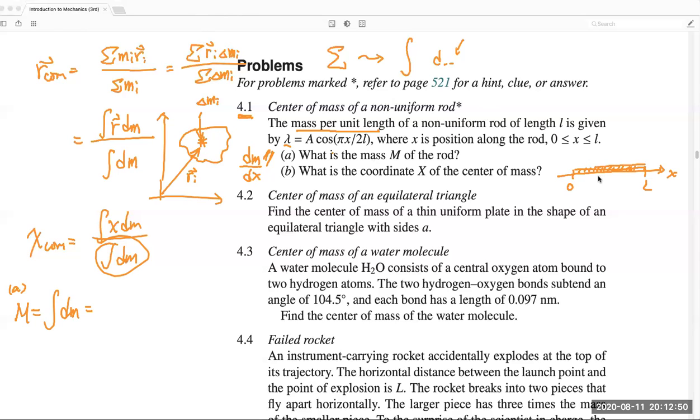Then you need to cut the rod into very small parts, and this one is dm. It has a mass dm. So you say the coordinates of this small mass is from x to x plus dx. That means the length here is dx. And dm and dx are related together by the lambda.